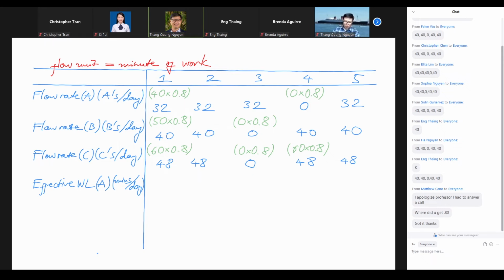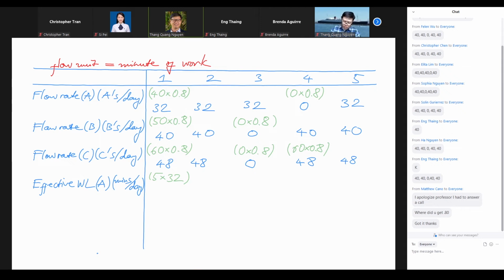So at station one, if we look at the first part of the table, we see that it takes 5 minutes to process one ice cream, right? And in this case, we calculated the number of ice cream actually going through is 32. So we multiply 5 minutes per each with the 32 ice cream, right?